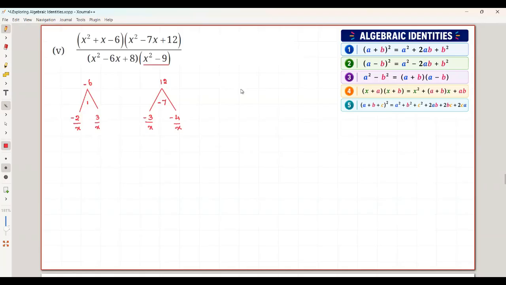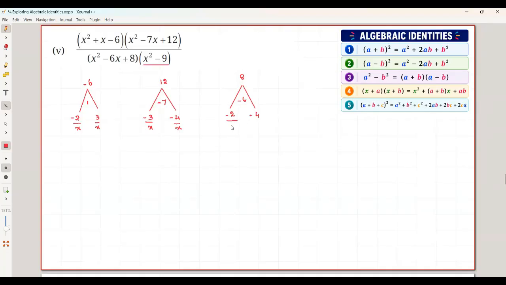Now the third one: the product I should get is 8, and the sum I have to get is minus 6. I can take 2 fours are 8, while adding I have to get minus 6. So minus 2, minus 4: minus into minus becomes plus 8, while adding I'm getting minus 6.